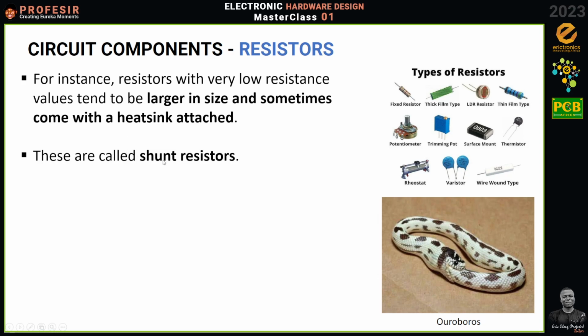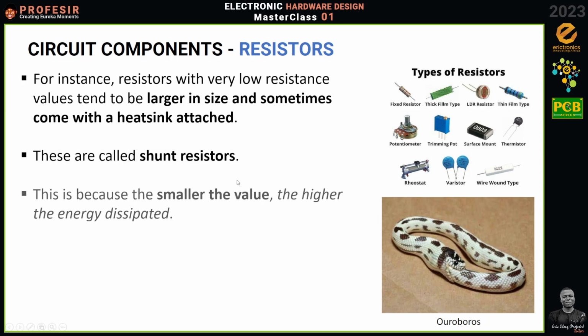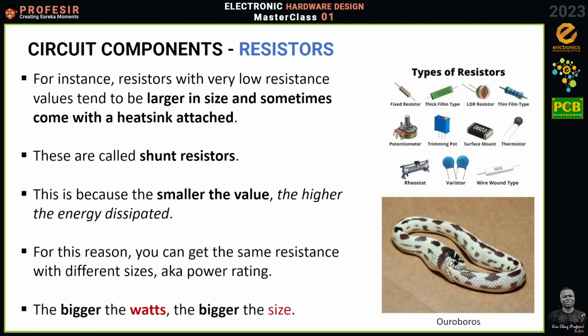Usually you see shunt resistors attached to some metallic enclosures, because they tend to get very hot because of the amount of energy they have to dissipate. So for resistors, the larger the wattage, the larger the amount of energy it has to deal with, the bigger the size is going to be.